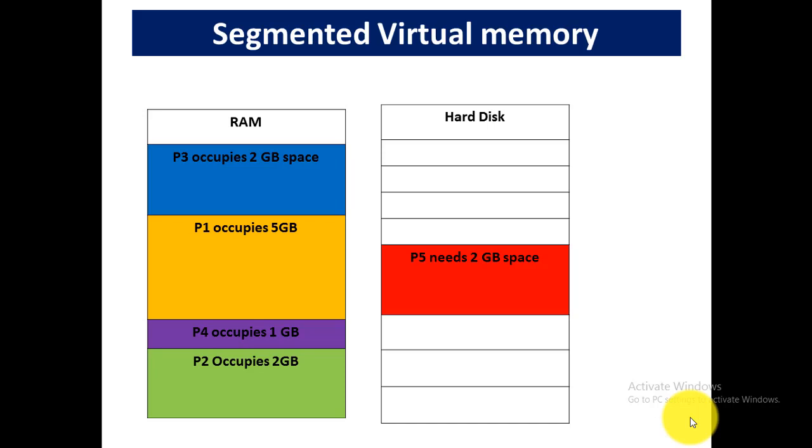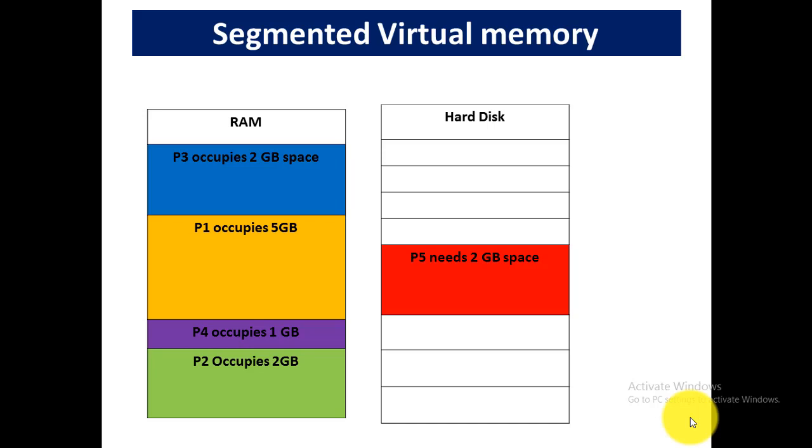In this situation, the operating system will take a small section of the hard disk and convert it into virtual memory that will act as RAM on a temporary basis. Then the second process the operating system will do is look at all the segments whose space is equal to 2 GB or more.